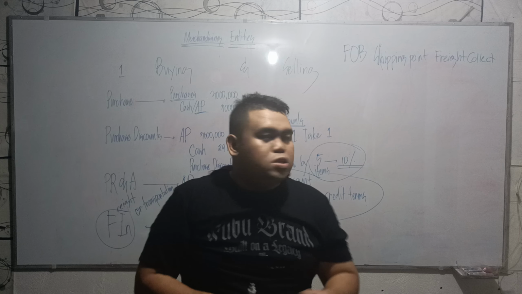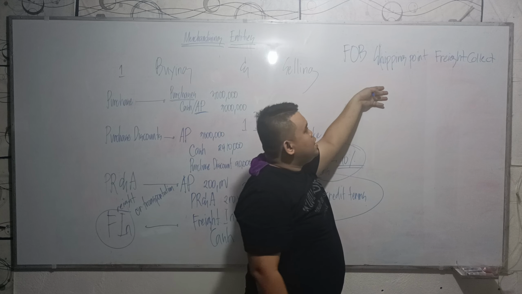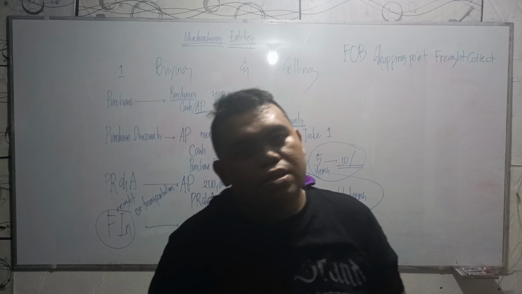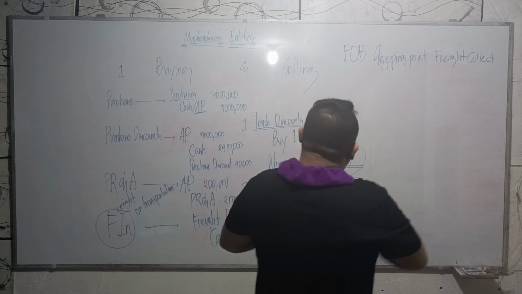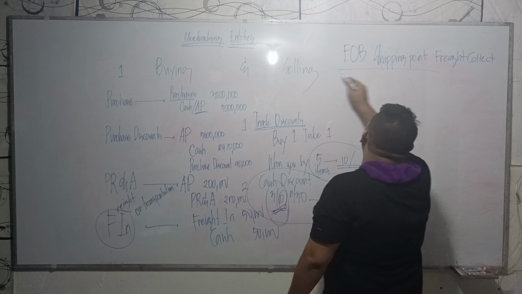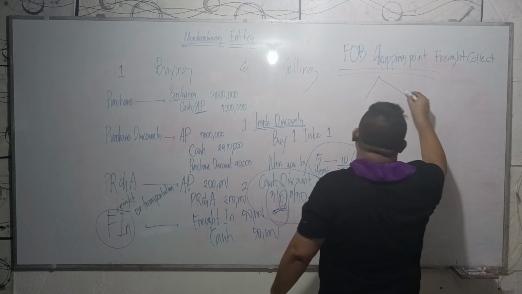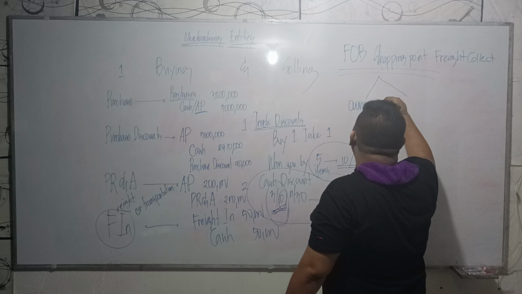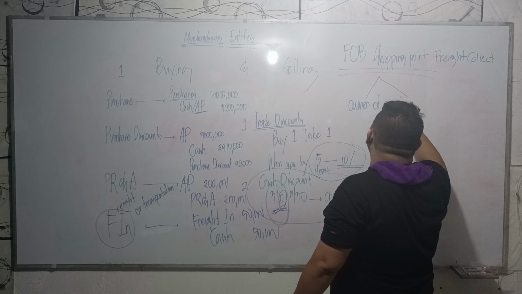Okay? So, the FOB shipping point has a counterpart, FOB destination, and the freight collect has a counterpart. That is what we call freight prepaid. So what does this mean? FOB shipping point, there are two meanings of this one. The first is the owner of goods in transit.